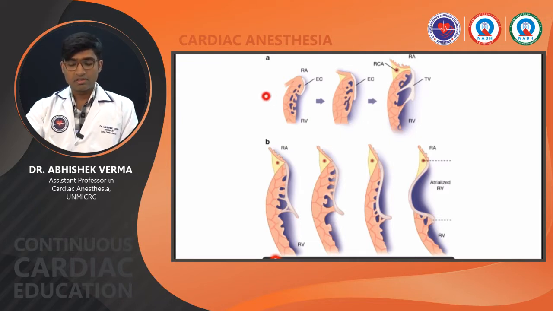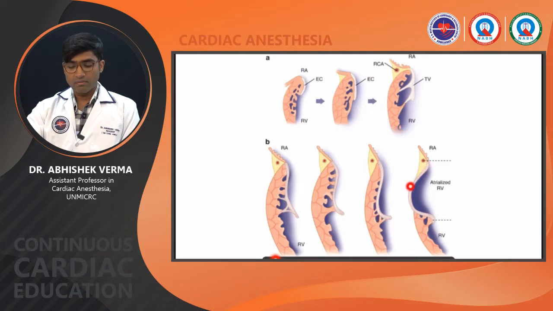Later it functions as the atrioventricular valve. This is the normal process. If we discuss Ebstein anomaly, here the spongy myocardium is not good and there is a failure of the undermining. It is called failure of delamination, in which this portion remains adhered to the myocardial wall.